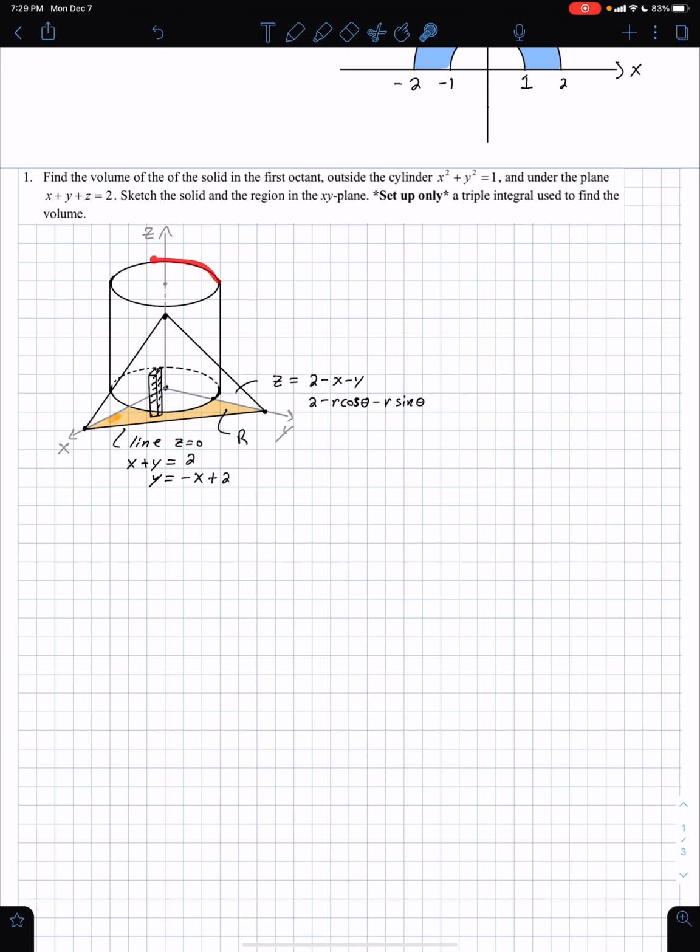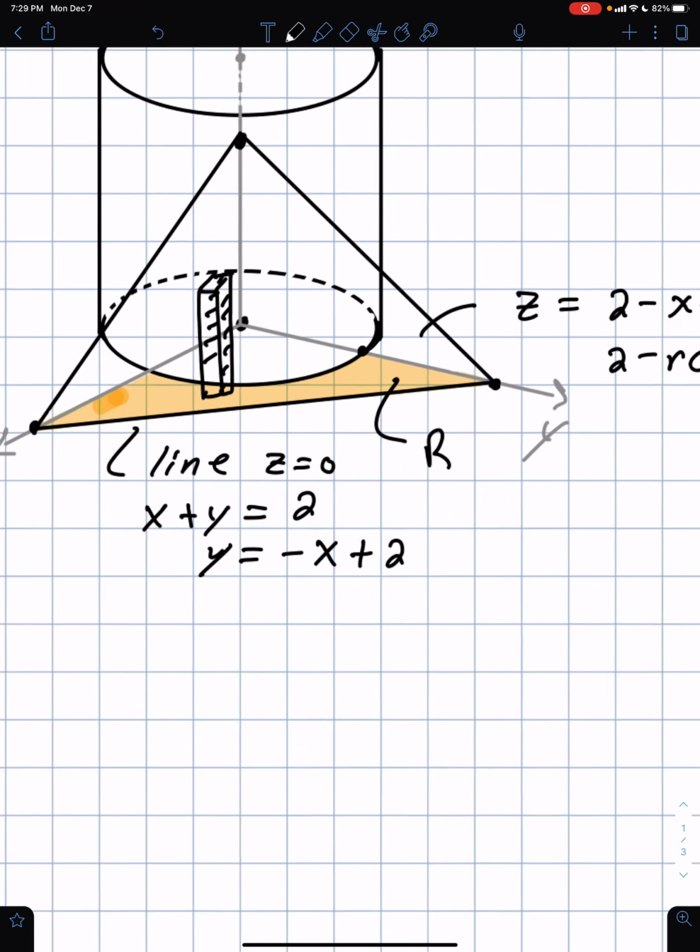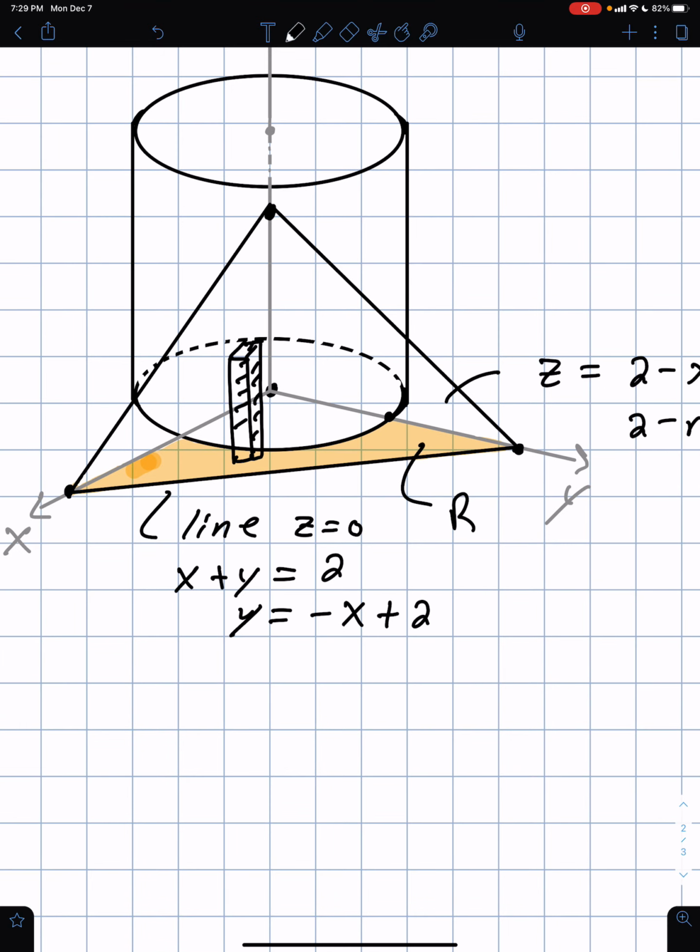So here's your cylinder, and you can see that it's radius 1. These points right here, this would be a 1, and here as well a 1, and then in the back a 1 as well.